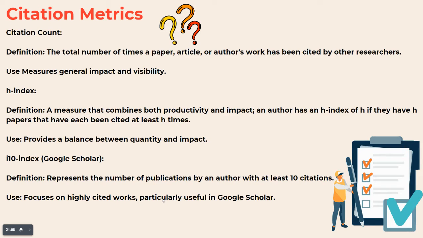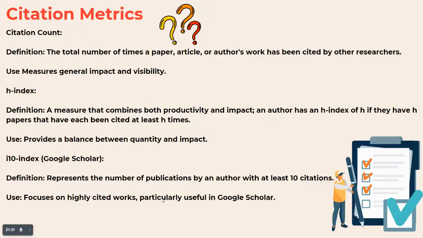In this case you have to count the total number of times my works have been cited by other researchers. So that will be my citation score. By using the citation metrics I can calculate it.